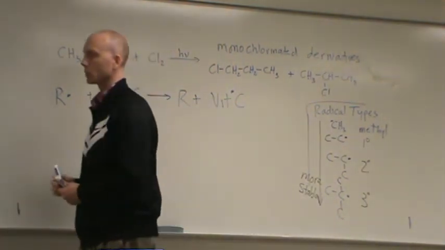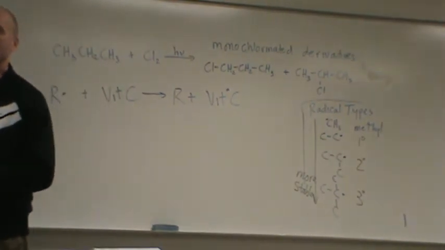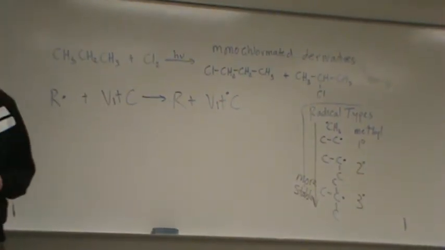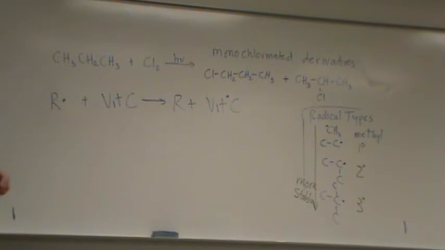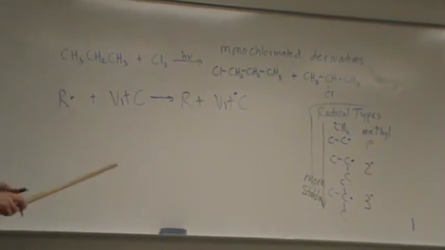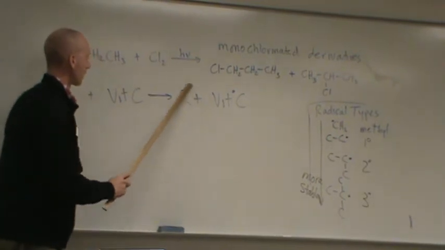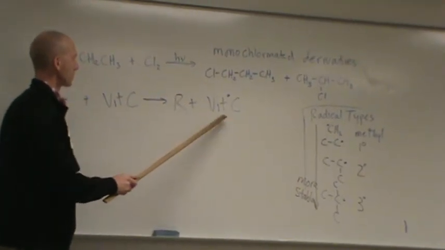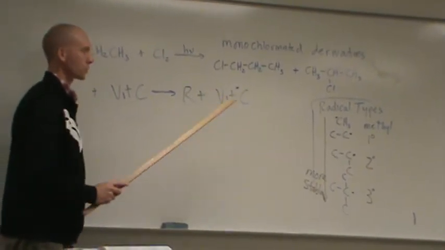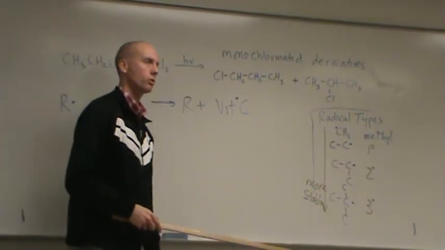But what the vitamin C does is it would like to take that radical through a propagation step. And so the R is now stabilized, and now the radical is in the vitamin C molecule.